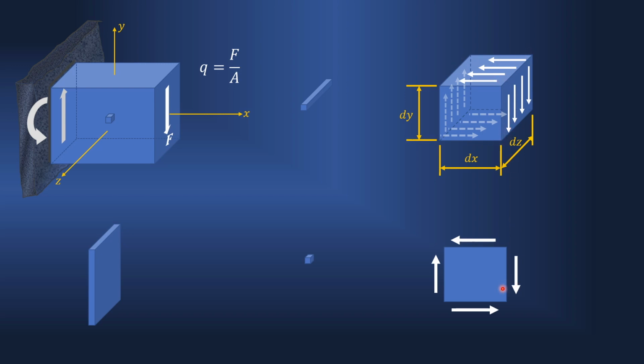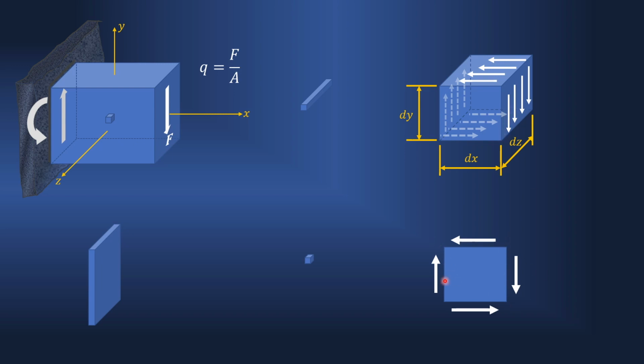So now listen to me very carefully. On two perpendicular planes in a loaded member, it is also called a strained member. Listen to me very carefully. In a loaded member, at a point, on two perpendicular planes, shear stress has the same magnitude but opposite nature.